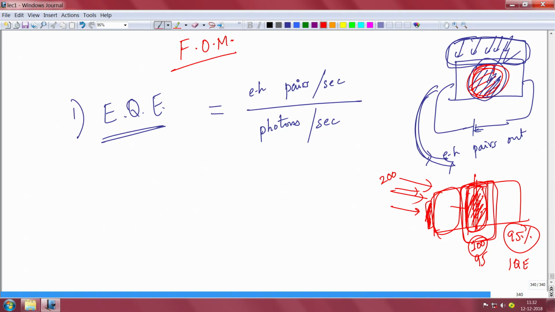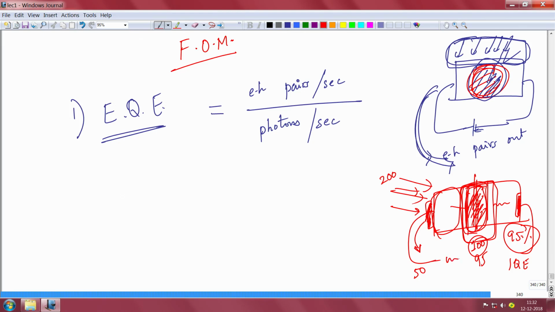But all the 95 electron hole pairs may not be able to come out through the circuit. Some of the pairs might be lost here, and some will lead to extra parasitic drop. So the number of electron hole pairs coming out of the circuit may be only 50 per unit time.